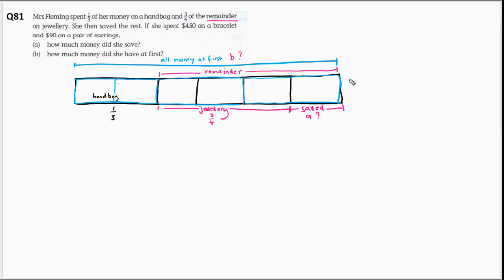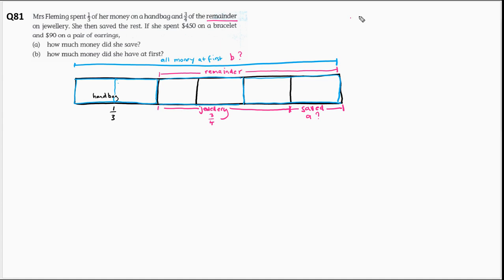It says that she spent $450 on a bracelet and $90 on a pair of earrings. This is expecting you to realize that a bracelet and a pair of earrings are jewelry, and that if you add these two together, that gives you how much she spent on jewelry.